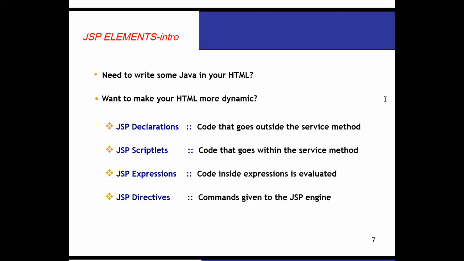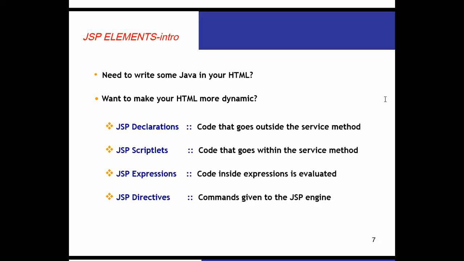When I am writing servlets, I write business logic in these doGet or doPost methods. Suppose you want to validate the login and password of a user, I will write that business logic in the service method. In the same way, scriptlet code goes inside the service method. We'll be writing business logic there.